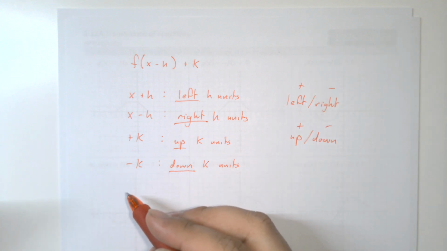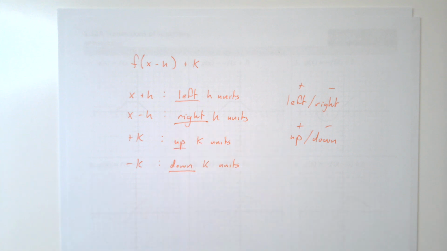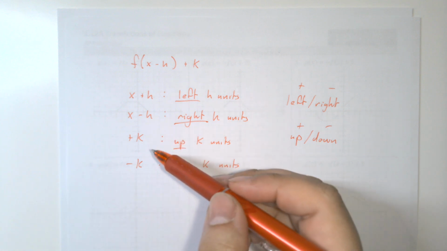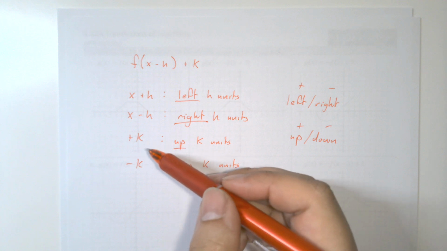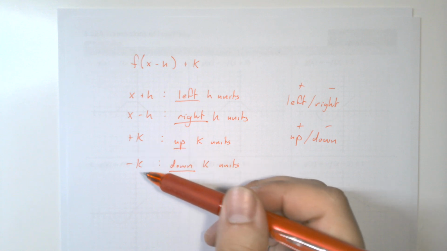So anytime I'm trying to remember in my head whether I have plus h or minus h, the one that's really intuitive to me is plus k and minus k. Plus goes up, minus goes down.